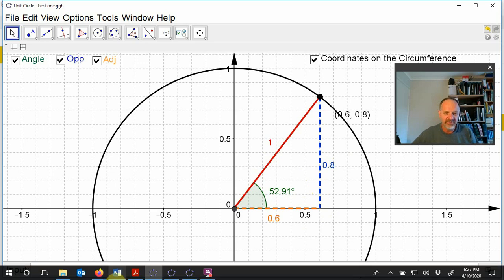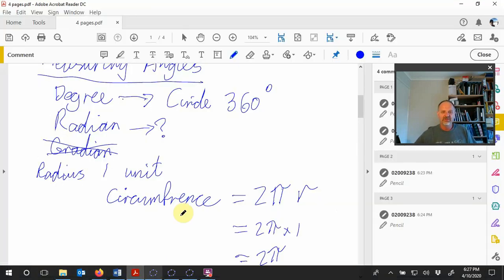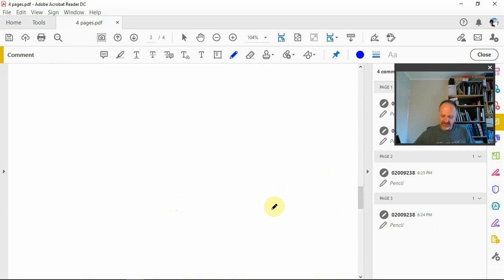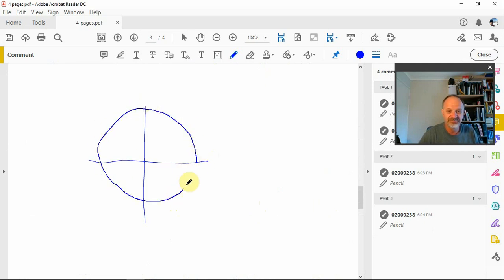All right, so we better write that down. So let me scroll all the way back down to here. We've got our unit circle, so we've got a radius of 1 unit. We've got a point here, x and y.